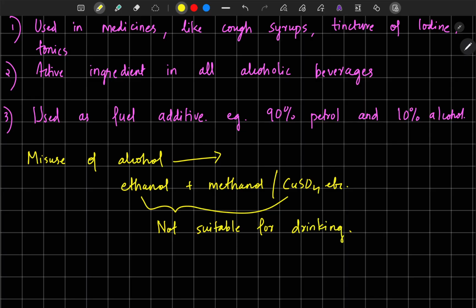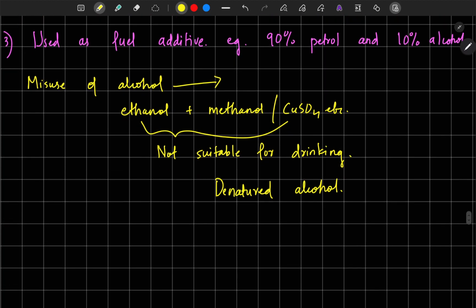Alcohol to which some poisonous substances are added is called denatured alcohol. A question can come like this: what is denatured alcohol?